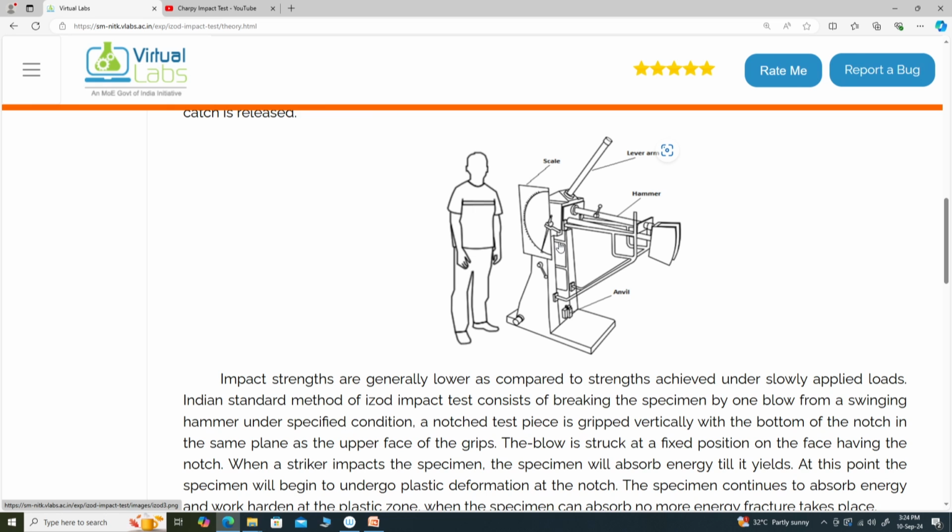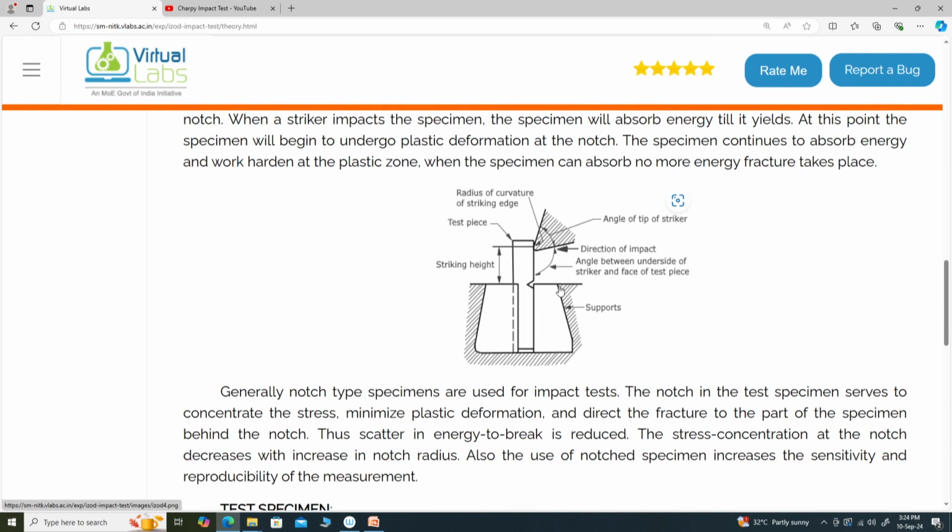It is very similar to what we had in the Charpy impact; we see the scale here, the lever arm there, the hammer here, and the specimen is held in this way. Here is the striking height, where the striker would strike the workpiece. The radius of curvature of the striking edge is there, the direction of impact is here, and the notch direction is towards the striker.